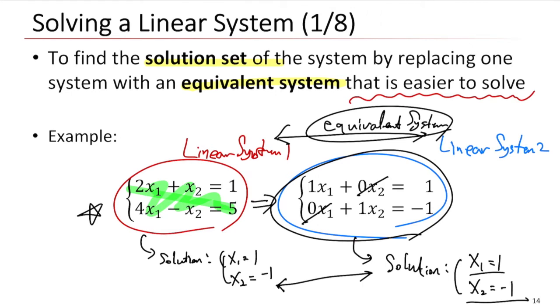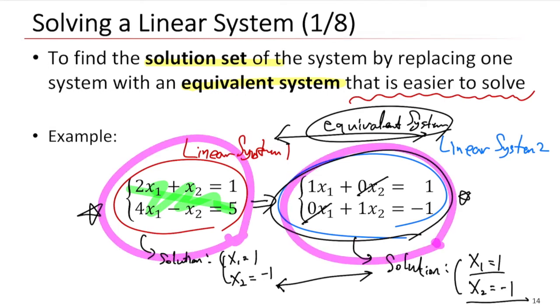In other words, this linear system is much easier to solve because it just gives us the solution directly. So from now on, we will learn how to convert the original system to a simpler system like this.